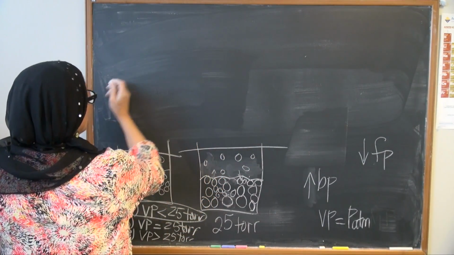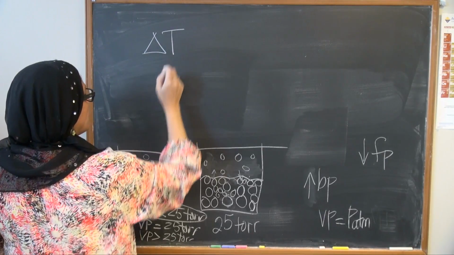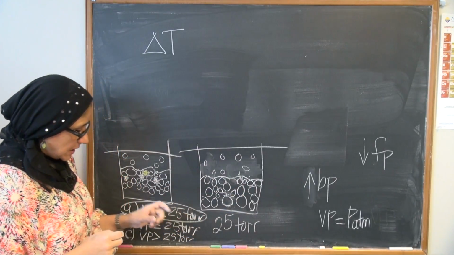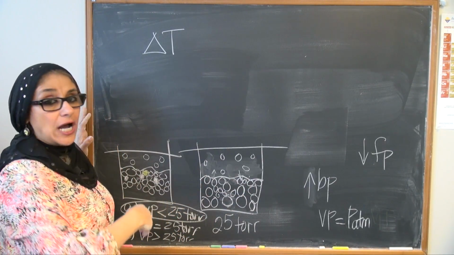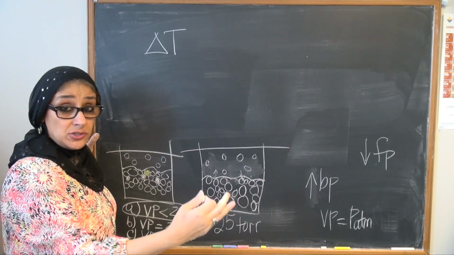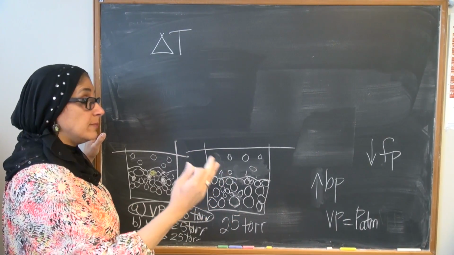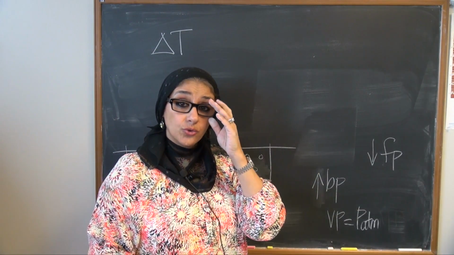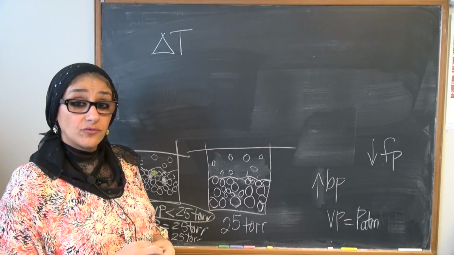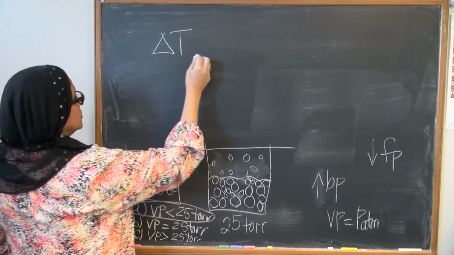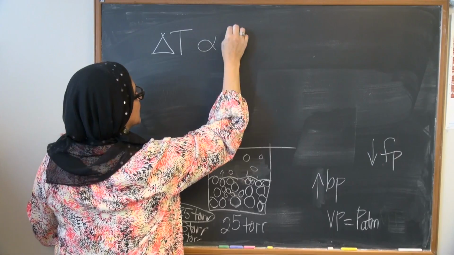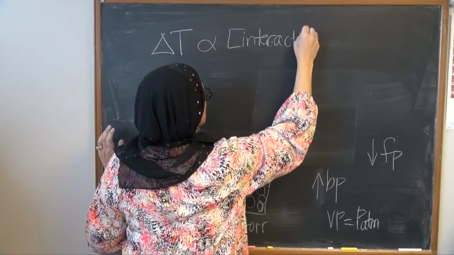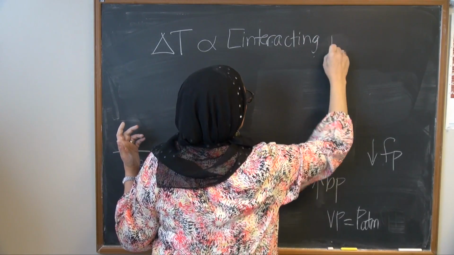To determine the change in temperature, whether boiling or freezing, how much higher in temperature you have to go beyond the pure solvent, or how much lower in freezing point you have to go beyond the pure solvent in order to have those phase changes for the solution, that's going to be proportional to the concentration of the interacting particles. I'll say particles.